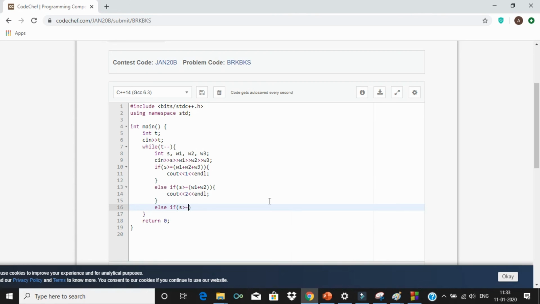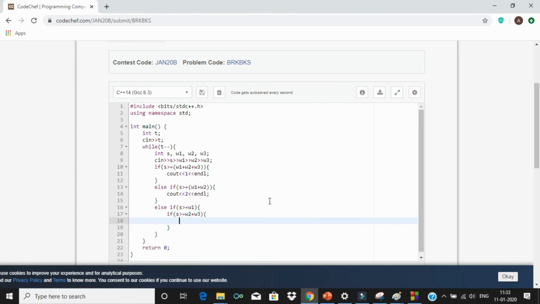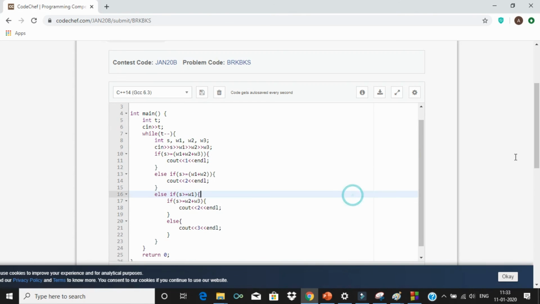Now if S is greater than or equal to only W1, we will check if S is greater than or equal to W2 plus W3, the next blow. If this is so, we print out 2. Else we output 3. Why? Because they will be hit one by one in each blow.